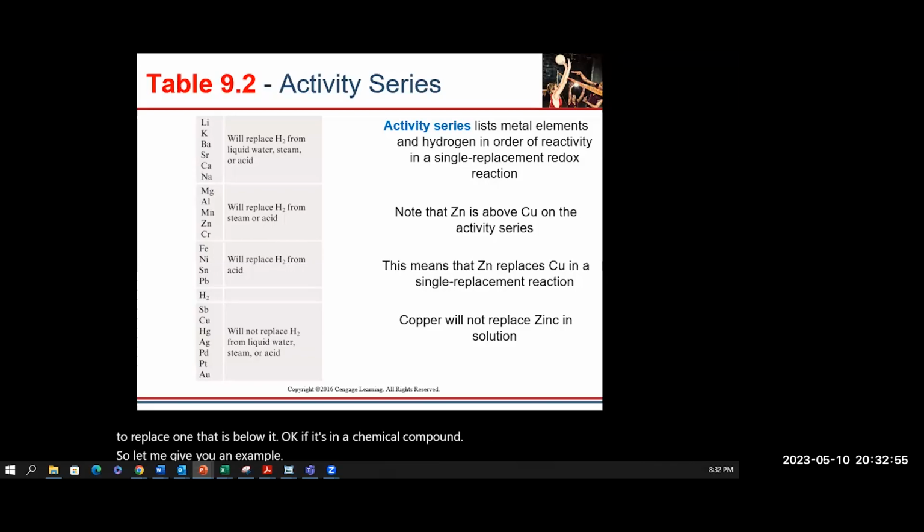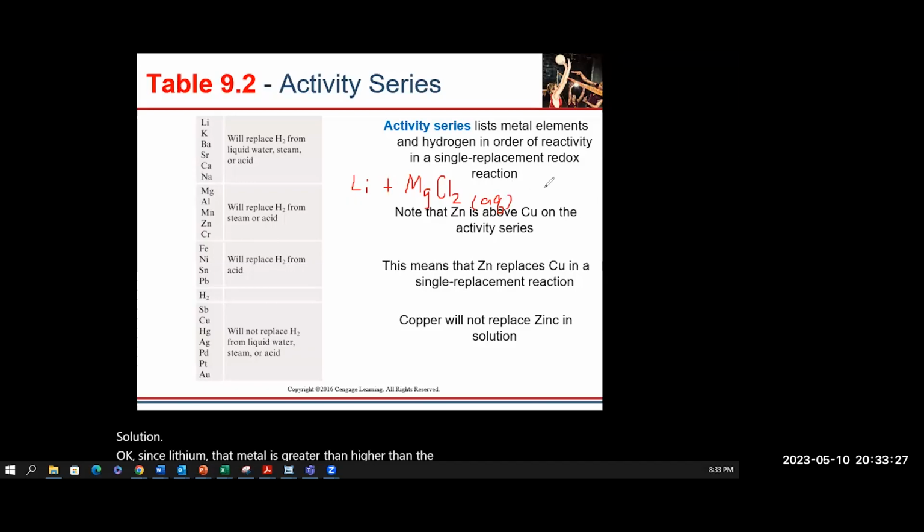If I have lithium metal and magnesium chloride solution, since lithium is higher than magnesium, it's able to replace the magnesium.